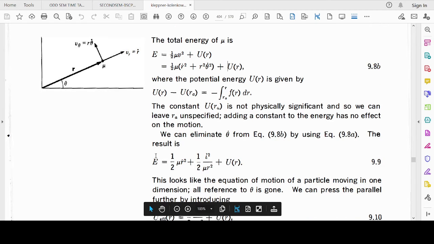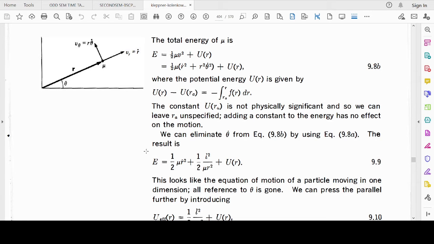So the kinetic energy terms will be half mu r dot square, that is the kinetic energy due to the radial direction. The second kinetic energy is due to the angular direction, that is written in terms of angular momentum. So the total energy will become half mu r dot square plus half L square by mu r square plus U of r.